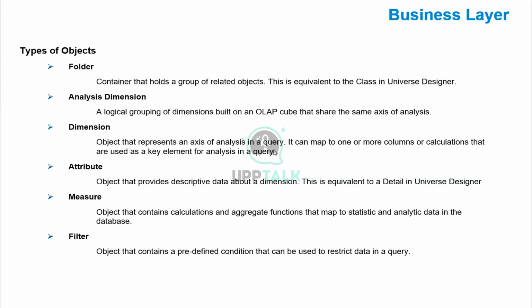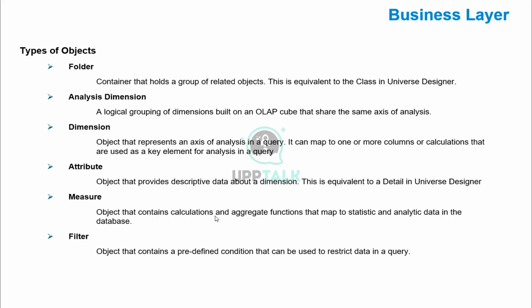If you are analyzing sales revenue, we need to have some perspective, like in which perspective we are analyzing. Are we analyzing sales by region, or sales by product? Here region and product come under dimensions and sales is a measure.